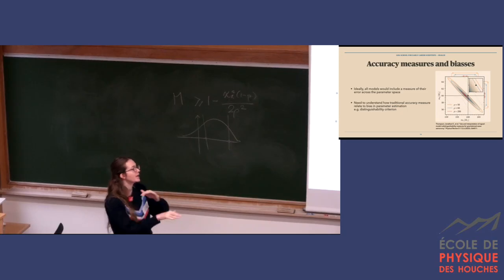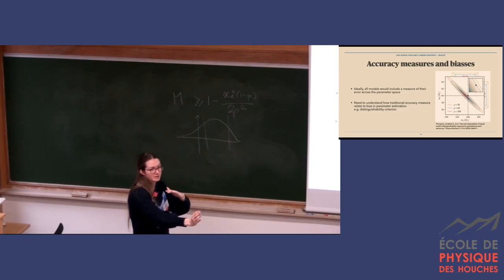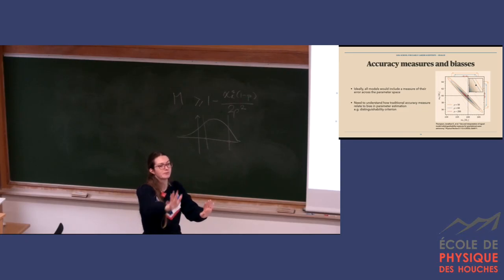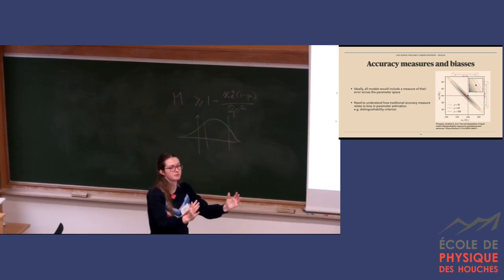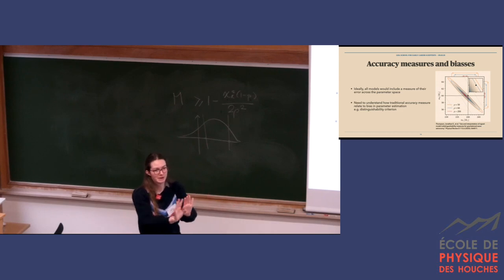So you compute your mismatch, for example, between a numerical relativity waveform and a Phenom waveform, and we say the numerical relativity waveform is more accurate, so we use that as our true source, and we inject the numerical relativity waveform and perform our parameter estimation with the Phenom waveform. How does the mismatch between those two waveforms relate to the bias in the recovery?